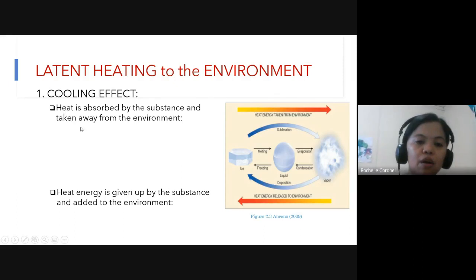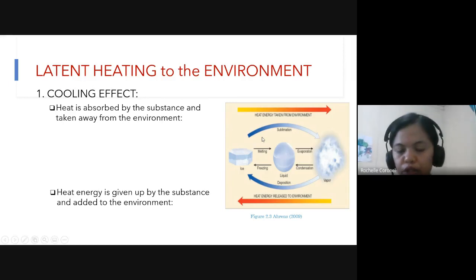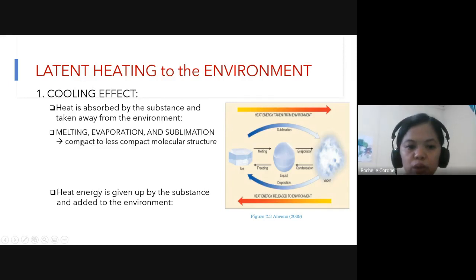Heat is absorbed by the substance and taken away from the environment. Among these, the cooling processes are melting, evaporation, and sublimation. So melting, let's say, from ice to liquid, evaporation from liquid to gas, and sublimation from ice to vapor, or gas.